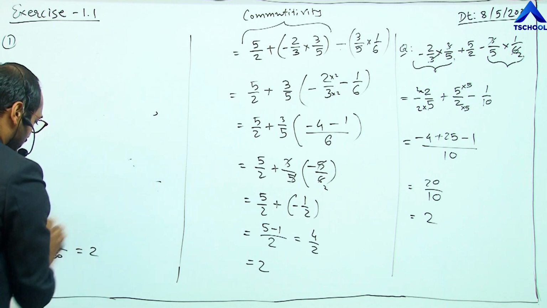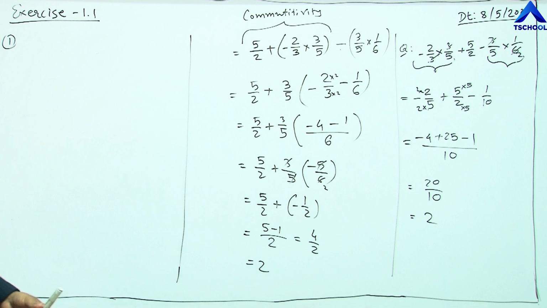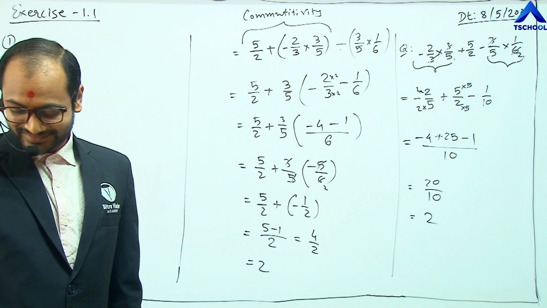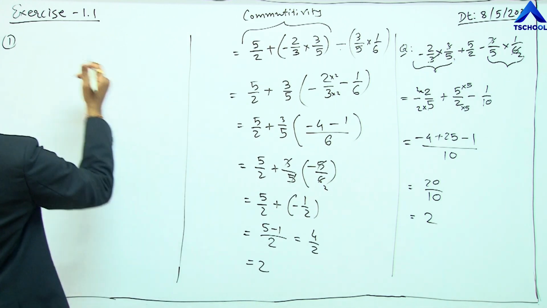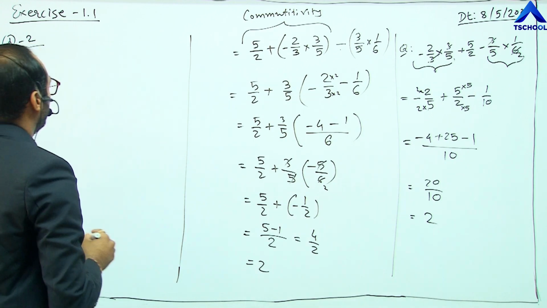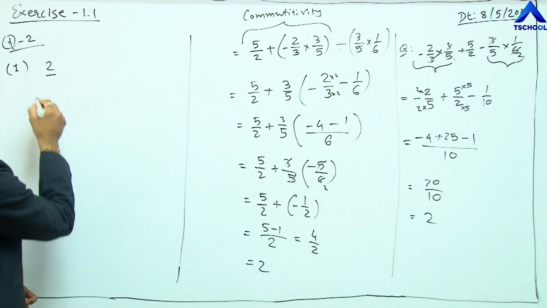Question number 2. Write the additive inverse of each of the following. What is additive inverse? First sum, additive inverse of 2 by 8.